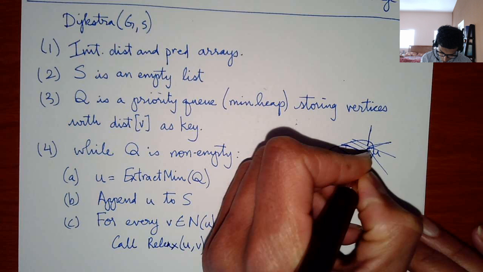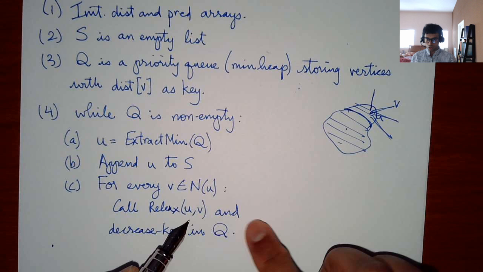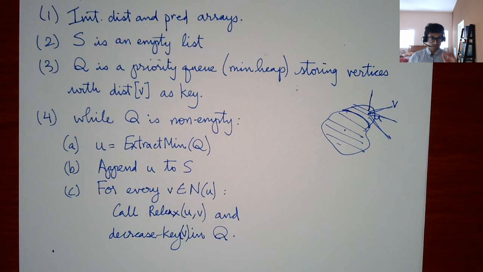But once it calls relax, it also has to update the position in the queue. And decrease key in queue. Because when you call relax, the distance is decreased, so one has to decrease the key of V. Right? One has to decrease the key. And so this is a heap operation. And so this is the procedure.